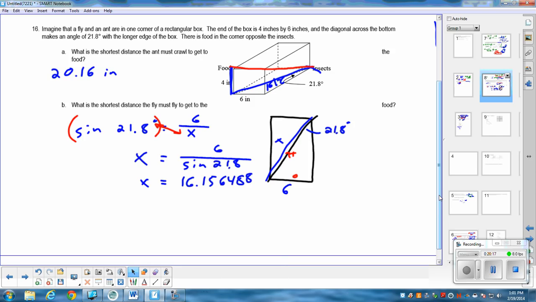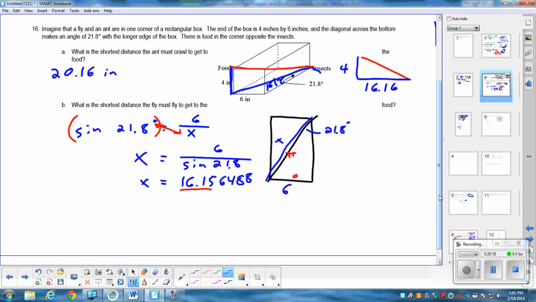The fly's path is the hypotenuse of the ant's path. I'm going to call that 16.16 while remembering that that is a rounded number.